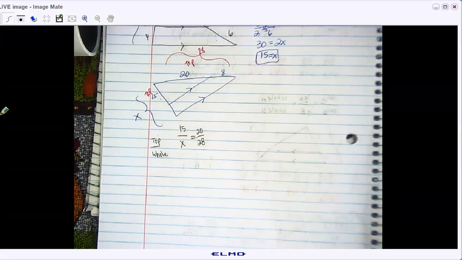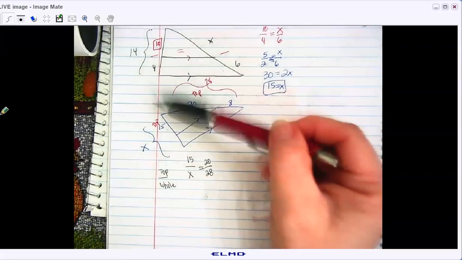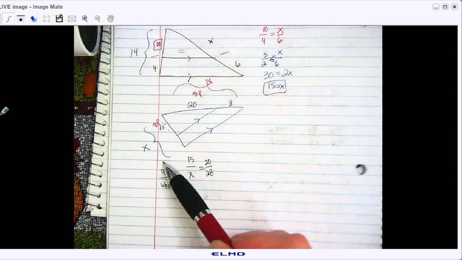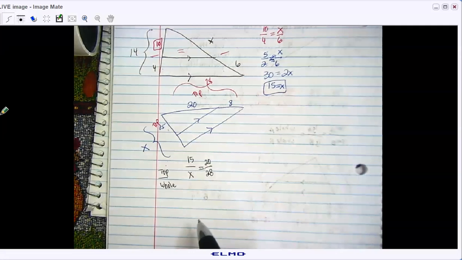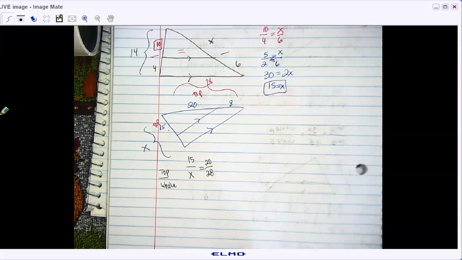If you're given a whole value and you can't just subtract them to get the other part like we did up here, if that's not an option, then we can go top to whole equals top to whole. Sometimes what you'll see me do is actually write what my fraction will look like, which is top to whole, and then I do left to right.